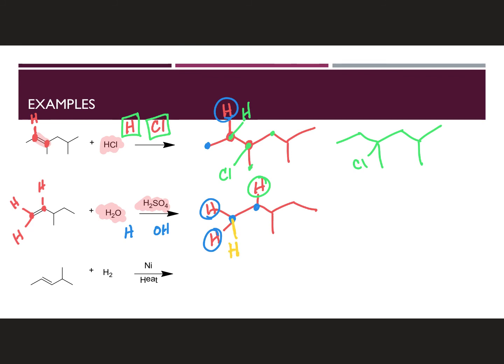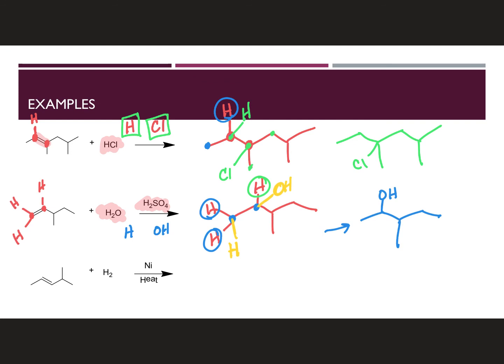The one that has 1 hydrogen will get the OH group attached to it. So if I redraw my structure, this would be the final answer. So again, I added hydrogen to the carbon on the end, and I added the OH to the inner carbon of what was the double bond.